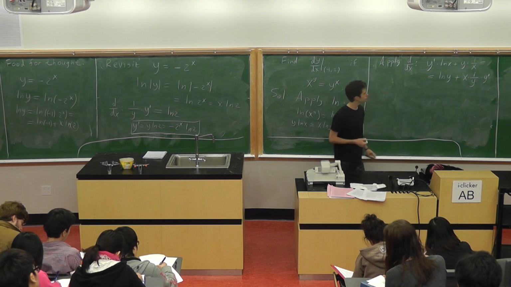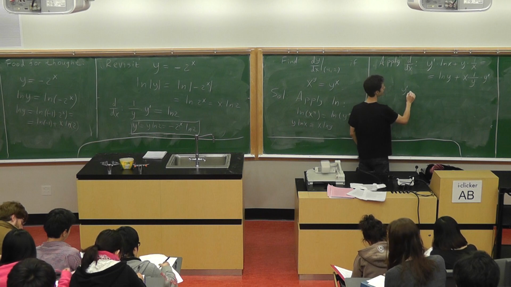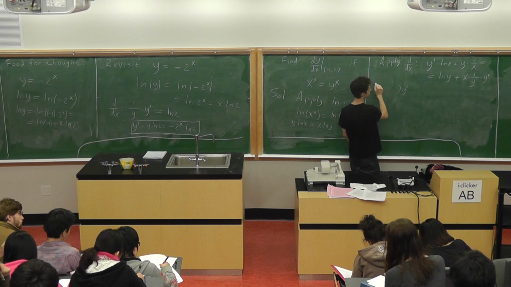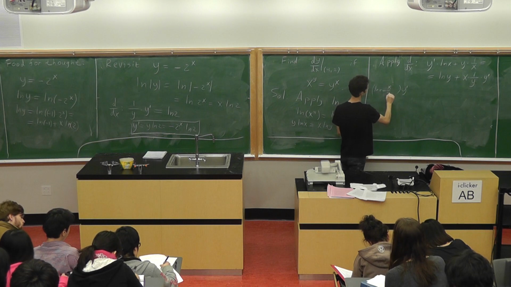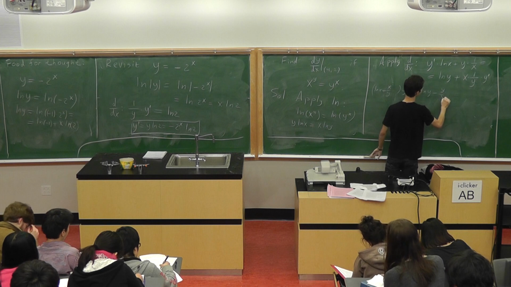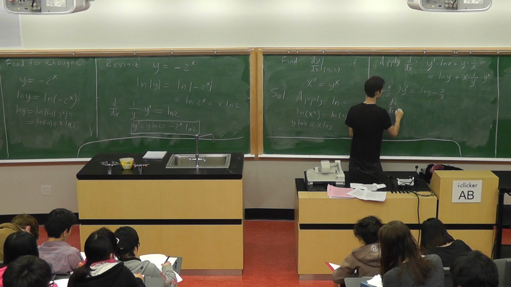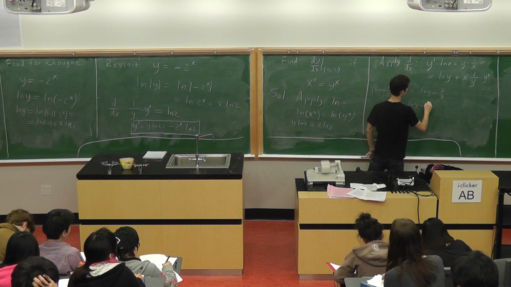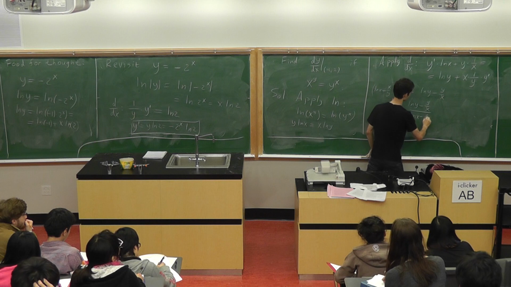Okay, now it's really easy to find what y prime is. We just isolate it, it's y prime times ln x minus x over y is ln y minus y over x. And you get that dy by dx is ln y minus y over x divided by ln x minus x over y.